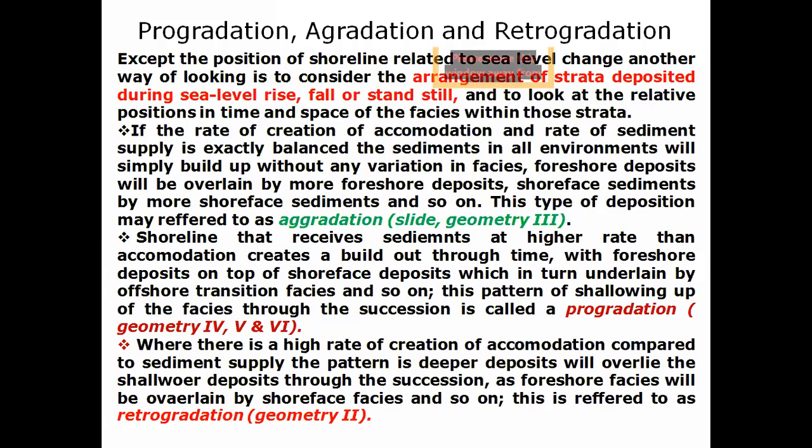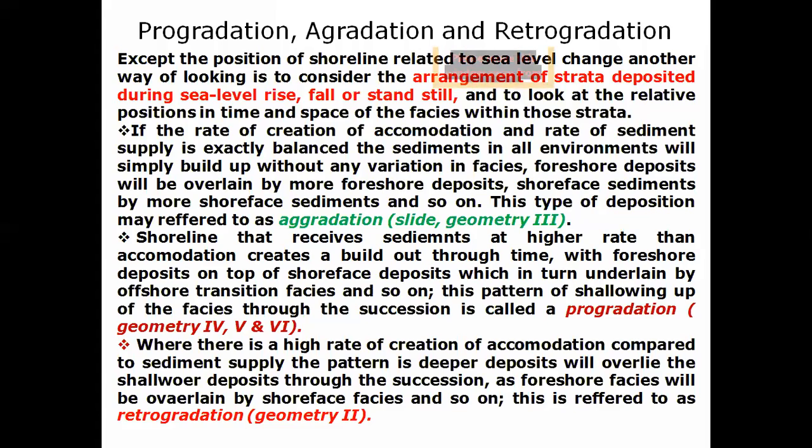And to look at the relative position in time and space of the facies within those strata. So if the rate of creation of accommodation and the rate of sediment supply are exactly balanced, we have seen this type of scenario. The sediments in all environments will simply build up without any variation in facies.